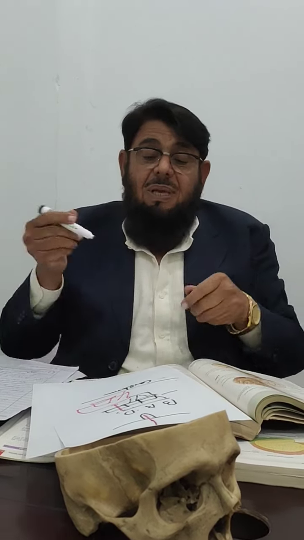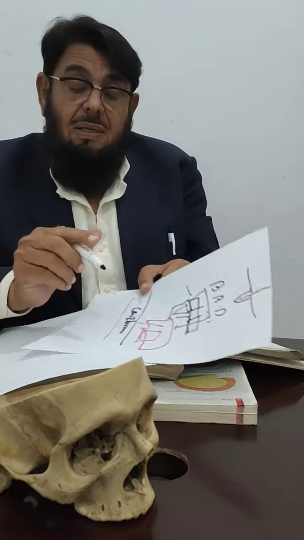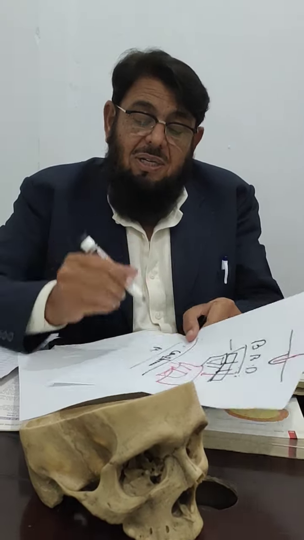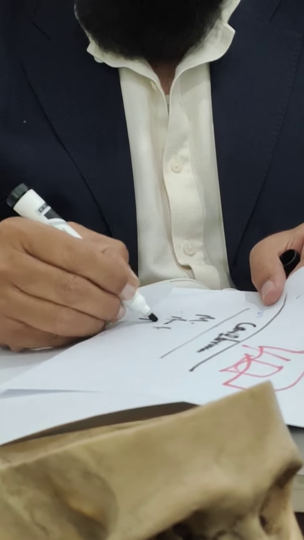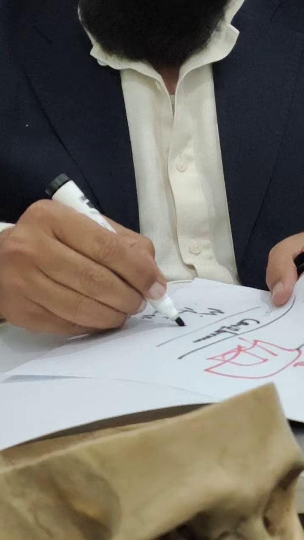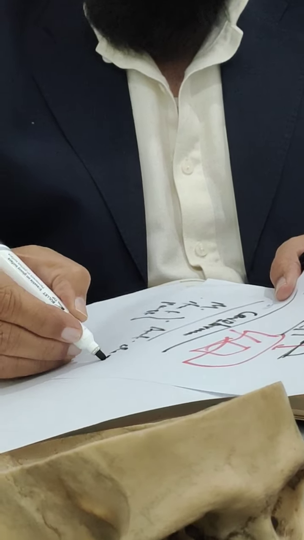Now, the cerebrum is supplied by three big arteries: the middle cerebral artery, the anterior cerebral artery, and the posterior cerebral artery, and then the anterior choroidal arteries.